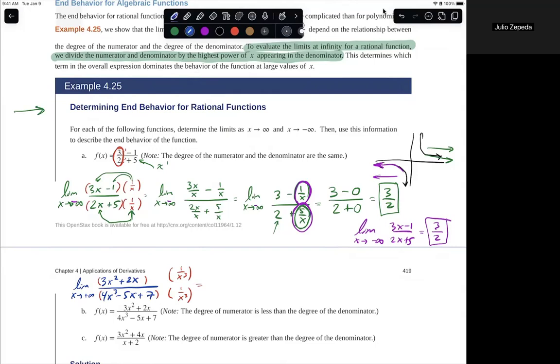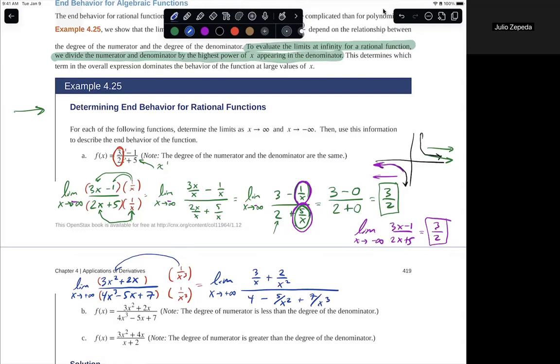I'm going to multiply and simplify all in one step because this is a long section. The limit as x approaches positive infinity, with this 1 over x cubed, is 3 over x plus 2 over x squared divided by 4 minus 5 over x squared plus 7 over x cubed.